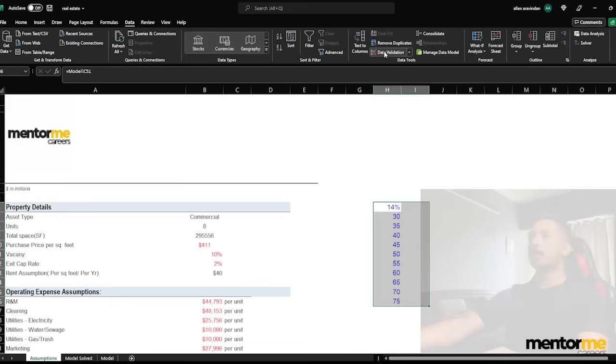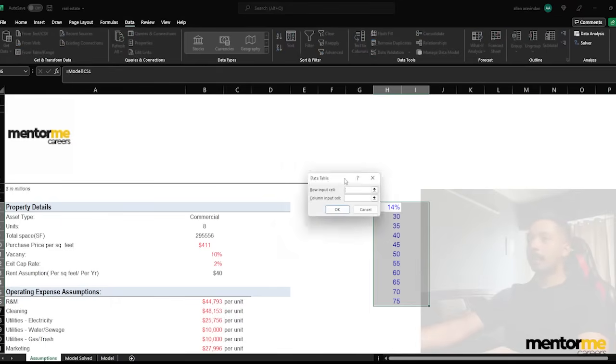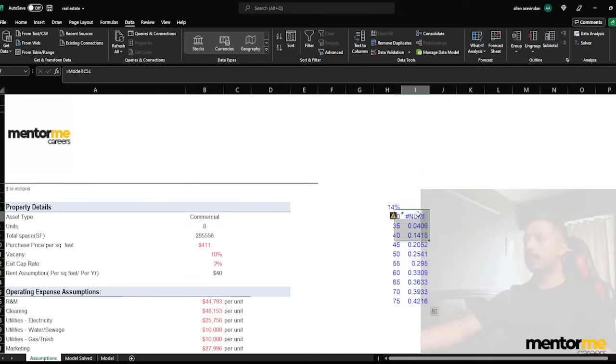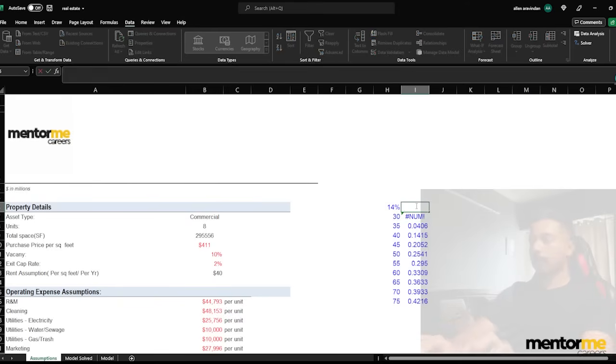Go to data, go to what-if analysis, data table. Now this is where people tend to get confused, right? So now you need to understand that this is the column, right? So in the column is where I have the rent assumptions, but my row is blank, so I'm going to select blank. But in my column I have my rental assumption, right?